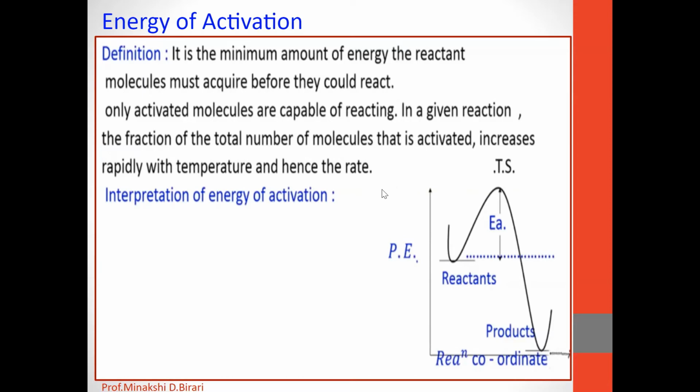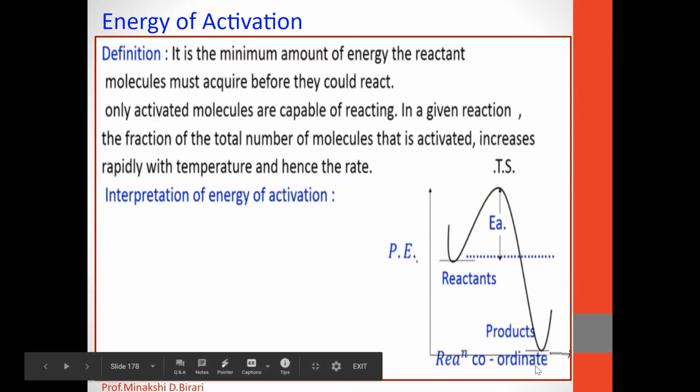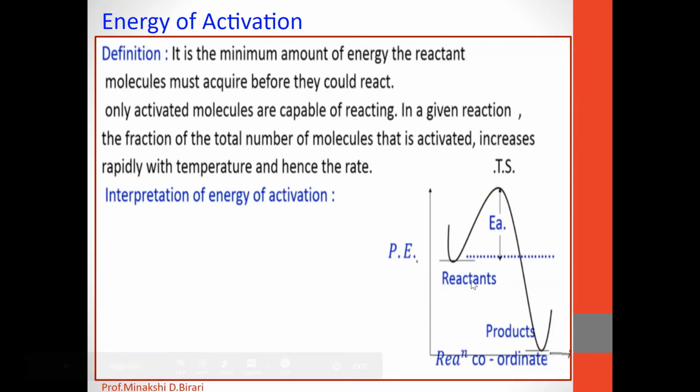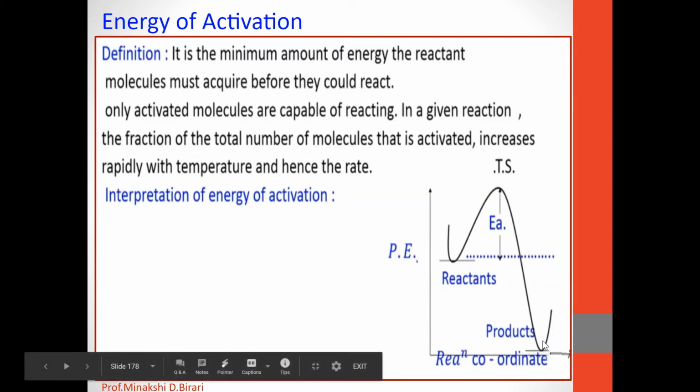So the energy of activation can be explained by this type of graph. Here the potential energy is on the y-axis and reaction coordinates on the x-axis. A few reactant molecules acquire the energy of activation and go to the activated state, that is called the transition state, and after that the potential energy decreases and the reactant molecules are converted to the product.